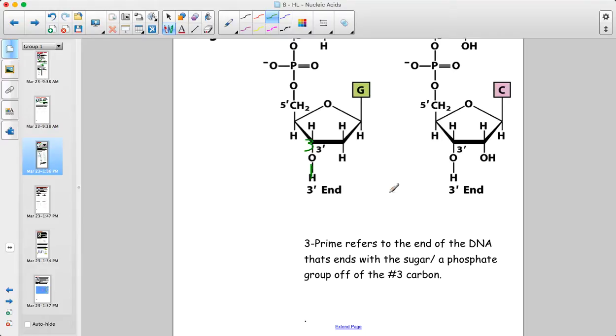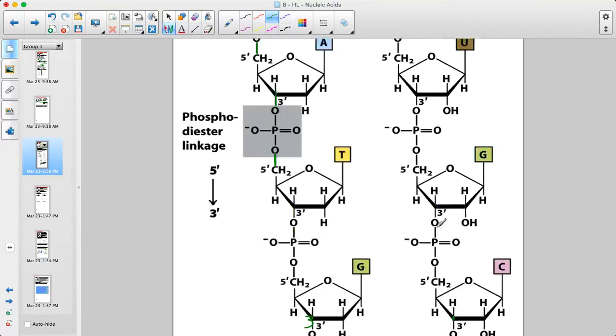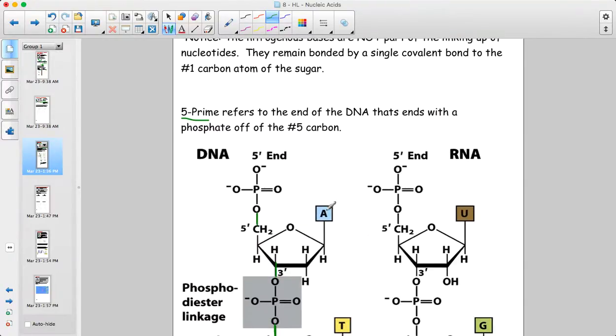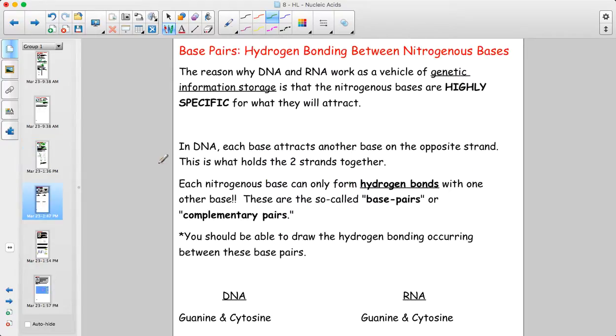That numbering system can be used for RNA or for DNA. They both have the sugars numbered in the same way. So either the 3rd carbon is at the end of the chain, or the phosphate off the 5th carbon is at the end of the chain. That's where the 3' and 5' numbering system comes into play.